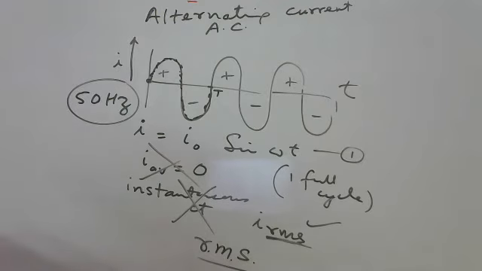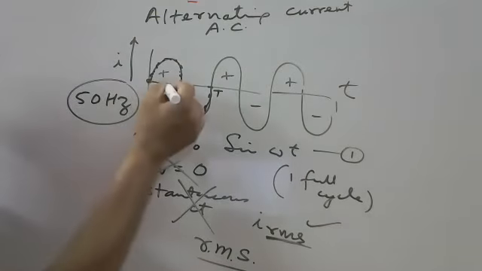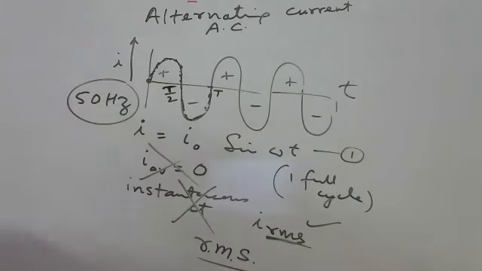Now suppose we want to find out the average value, not for the full cycle but for the half cycle. We are not interested in measuring it, but we are interested in finding the average value only for the half cycle, because for the full cycle it is 0.